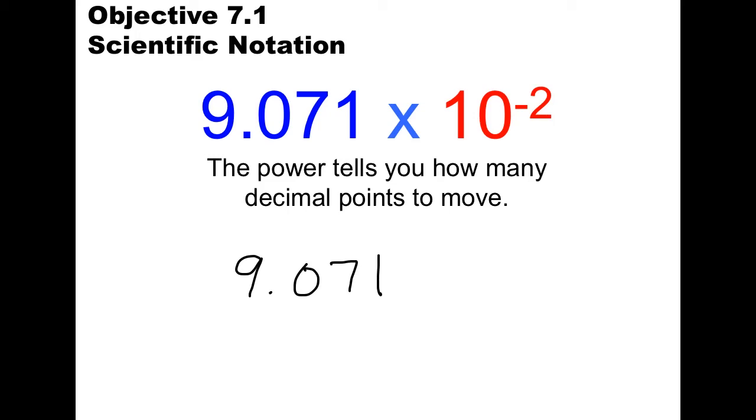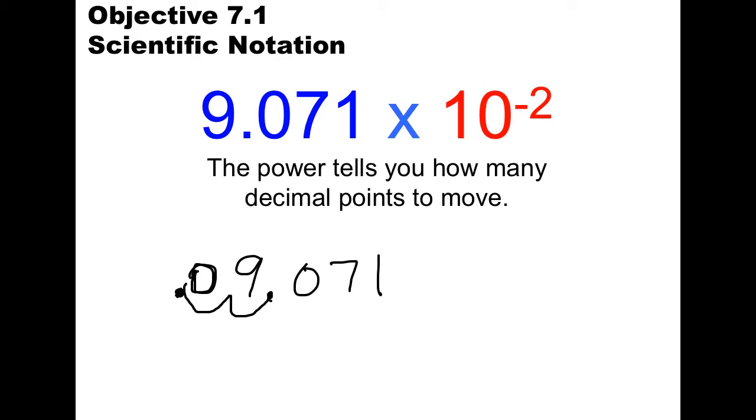And so let's go ahead and rewrite this number, 9.071, and we need to now move this decimal 2 places to the left. In order to do this, we start with our decimal, and we're going to move 2 places to the left now, since it's a negative exponent. So move it over 1 place, 2 places, and I need to add my 0. I put my decimal point there.